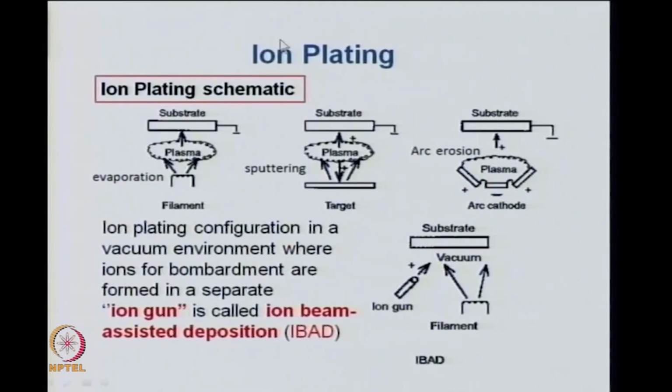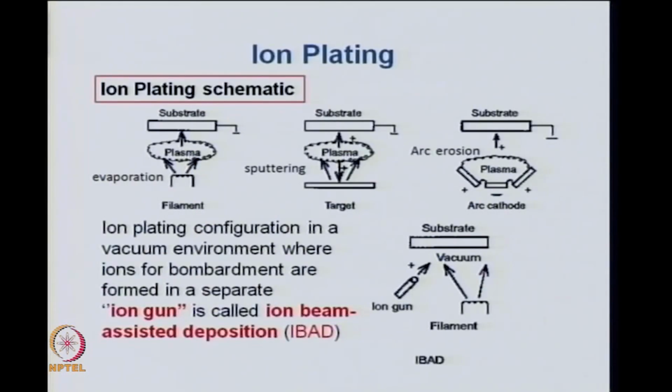So, in this ion plating scheme you can do the evaporation technique which we discussed earlier, the sputtering technique, the arc erosion technique, along with an ion gun. When you have this ion gun along with one of these techniques separately, then this is called an ion beam assisted deposition. Okay.